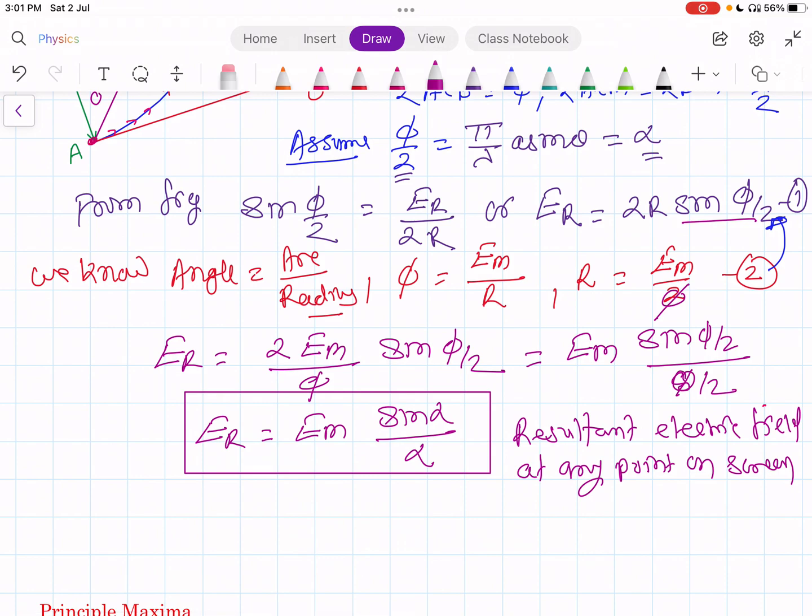And we know the relation between the intensity and the amplitude, that is electric field.